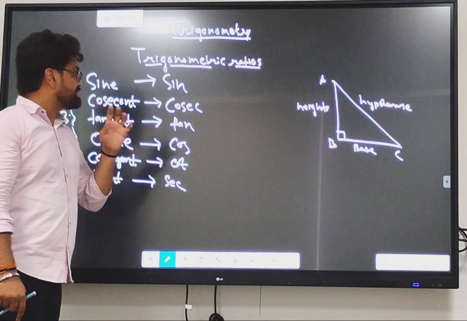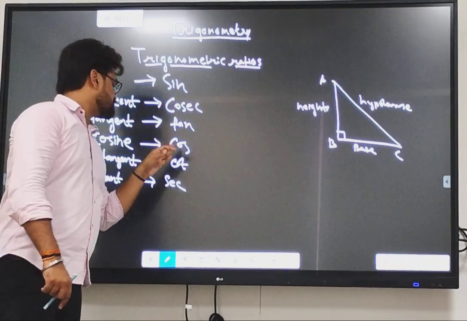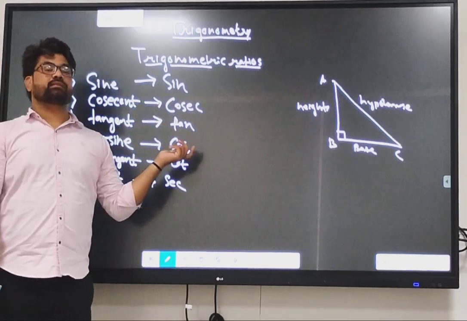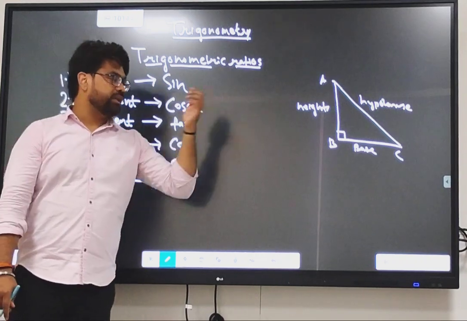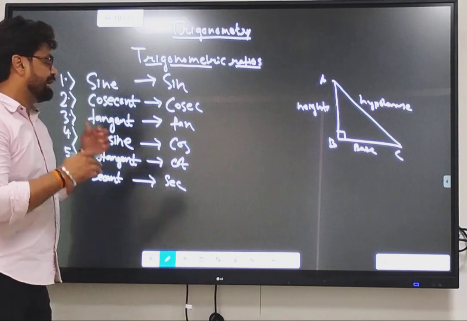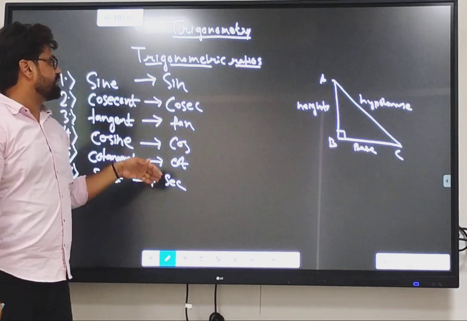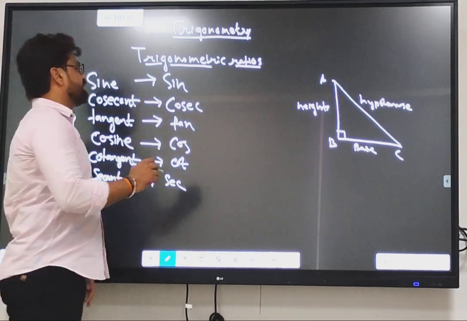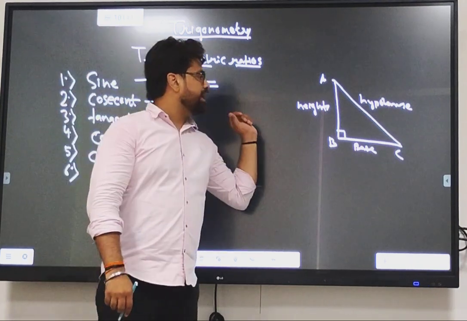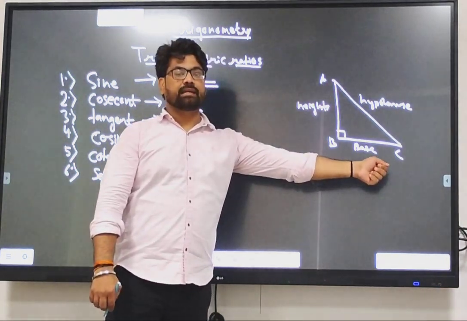So now we have these 6 trigonometric ratios, that is sin, cosec, tan, cos, cot, and sec. We will be discussing only these 6 special ratios for any triangle. Now what are these ratios? If I relate the ratios that we have written before with these trigonometric ratios, I can write that sine is equal to the height upon hypotenuse for any right angle triangle.